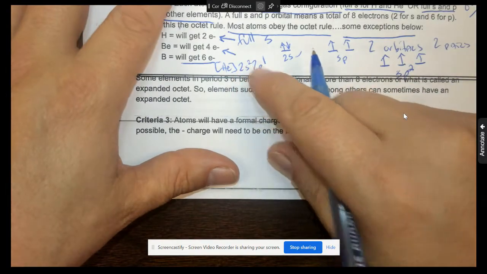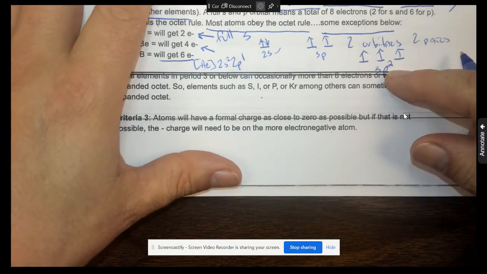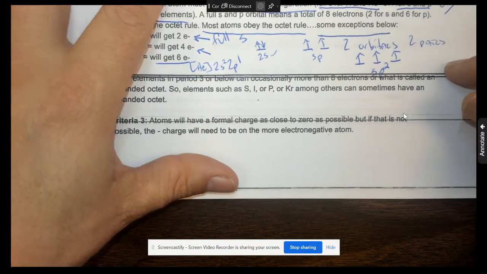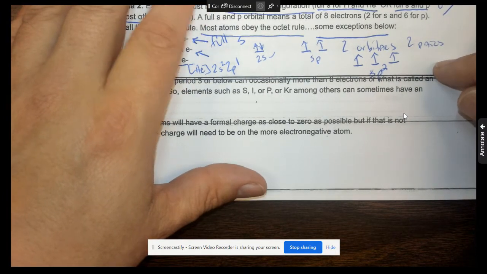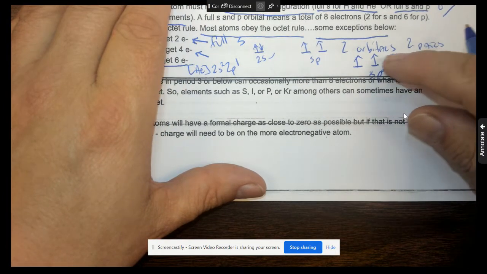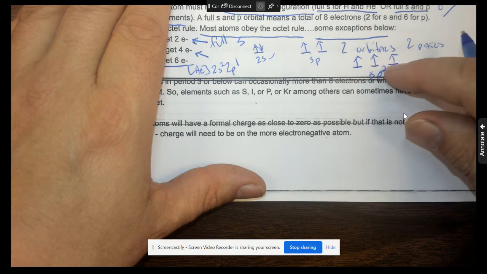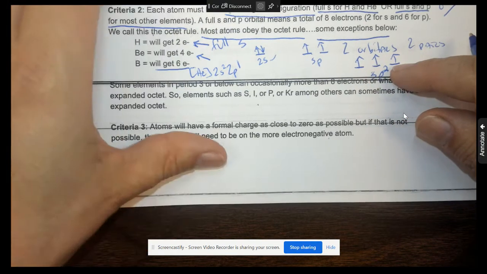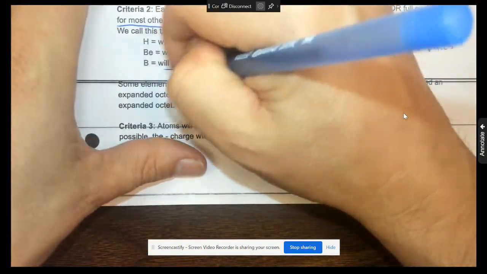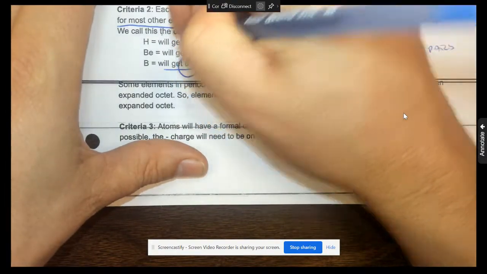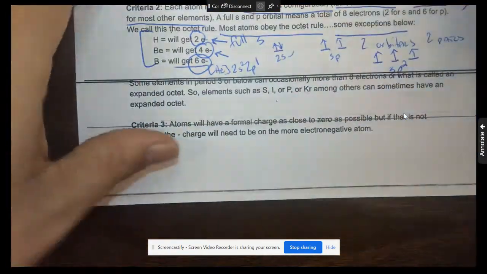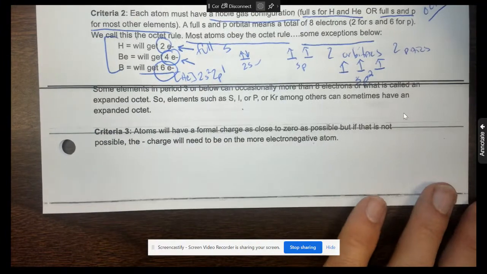He only has 3 valence electrons. So he can't do sp3 hybridization. That would be 4 orbitals, and he doesn't have enough electrons to spread out to form bonds that way. All right, so boron will only get 6. Beryllium 4, hydrogen 2. So these are exceptions. Memorize them.